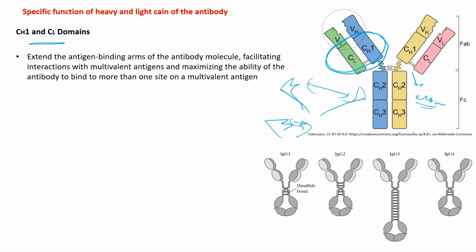Similarly, antibodies, with the help of the hinge region, move their hands to hold the antigen. Now CH1 and CL, you can say, are the forearm, and the variable region is the palm. You will hold the ball with the palm.